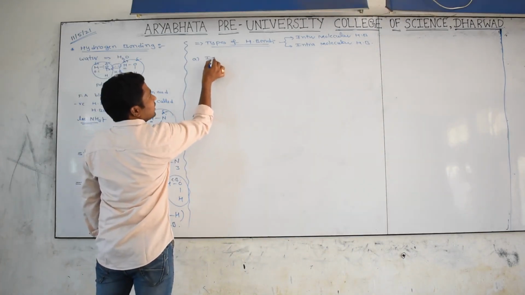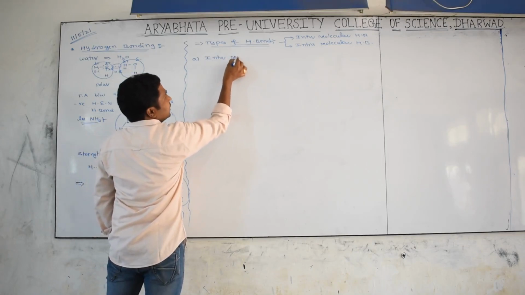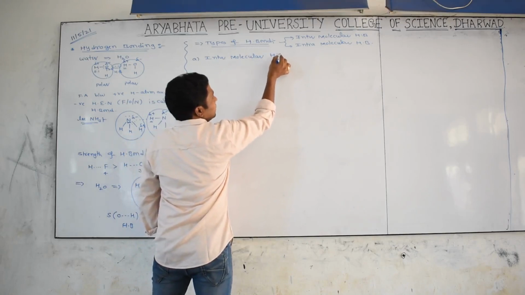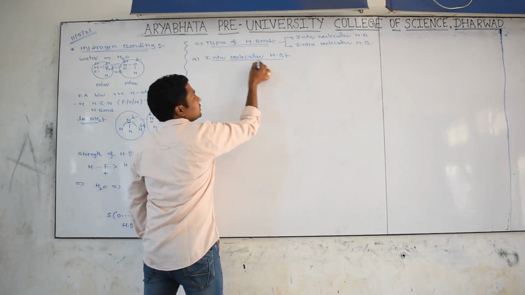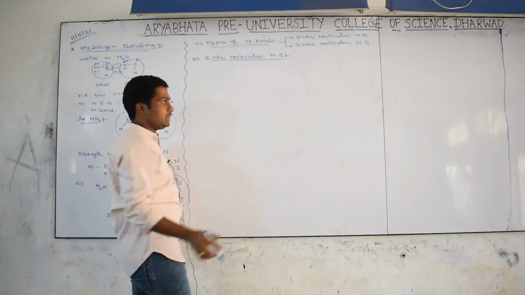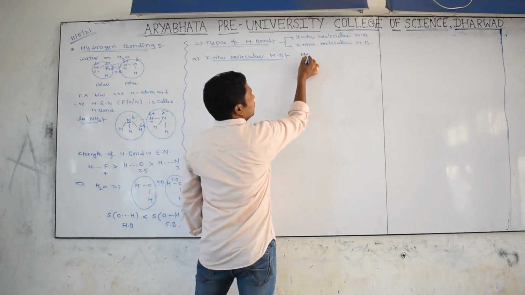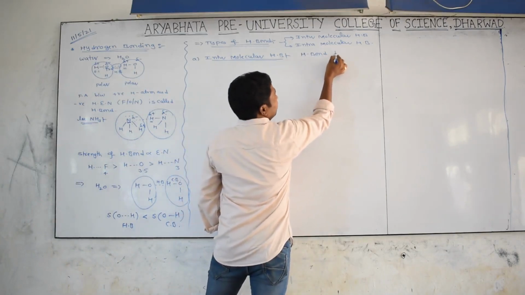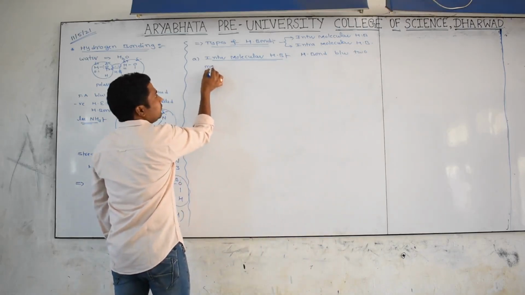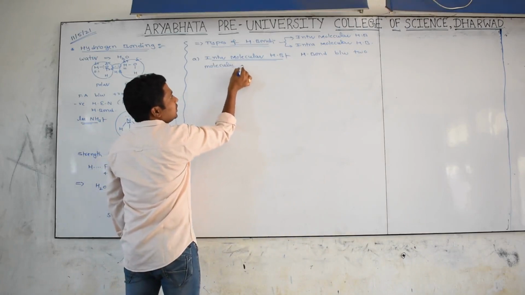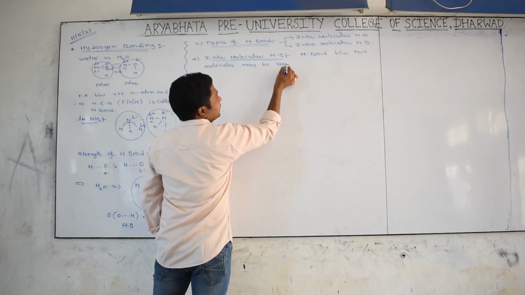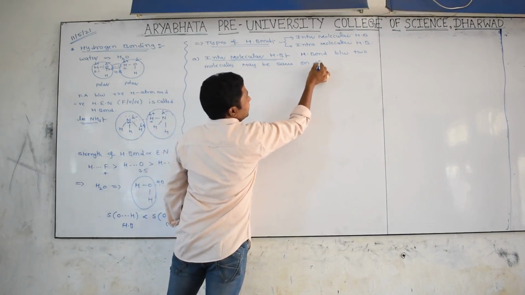First I am explaining the intermolecular hydrogen bonding. Okay, first I will write a definition. Intermolecular means a hydrogen bond between two molecules, which may be same or different.